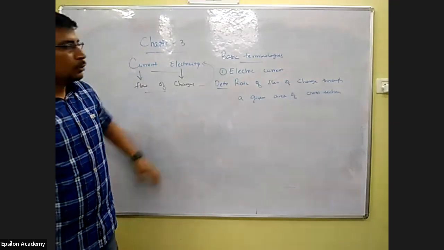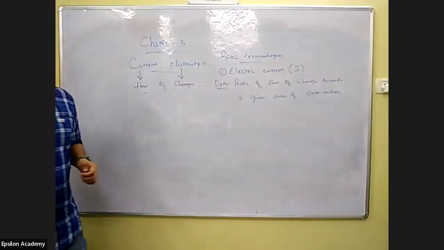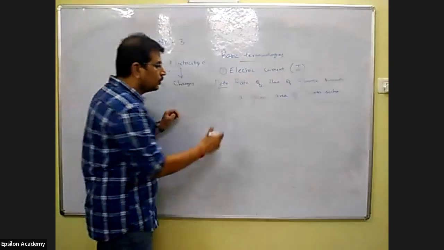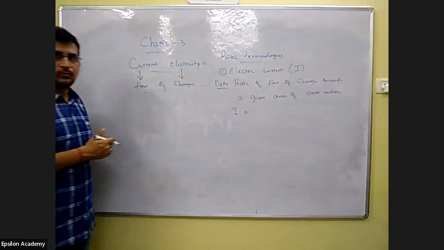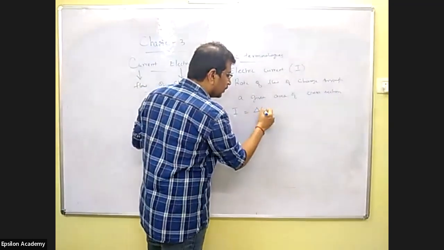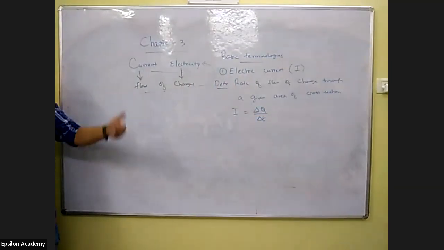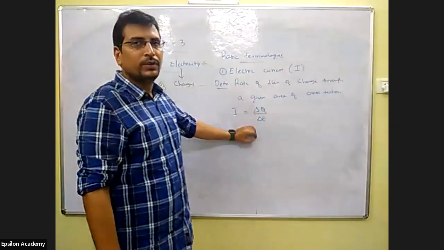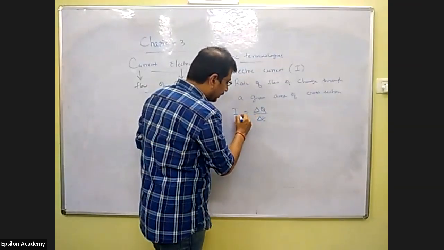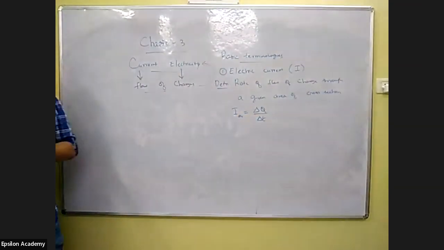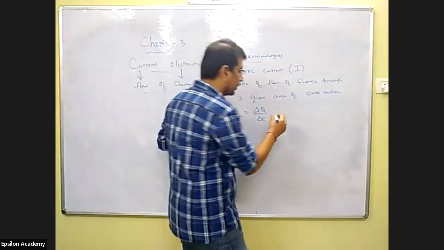Generally, the symbol for electric current is I. Some books use small i also. So when I write I, how can I write it in terms of mathematical values? Write it as delta Q divided by delta T, or you can just write it as Q by T. Some books refer to it as delta Q divided by delta T. Whenever you use delta, the current you are trying to define is called average current.